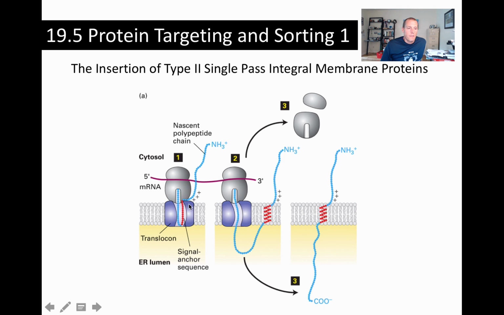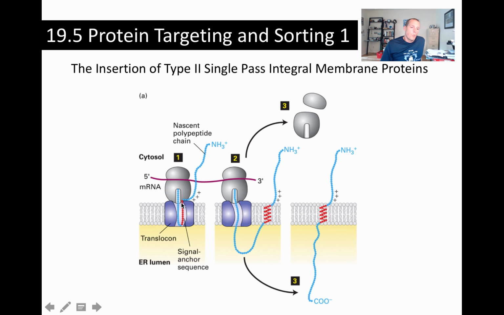Except that the hydrophobic signal sequence is located inside the polypeptide chain rather than on the N-terminus. And so the nascent chain becomes oriented in the translocon with its N-terminus on the cytosolic face.